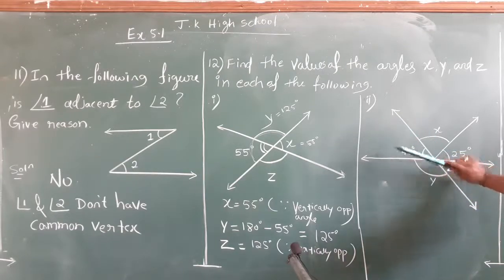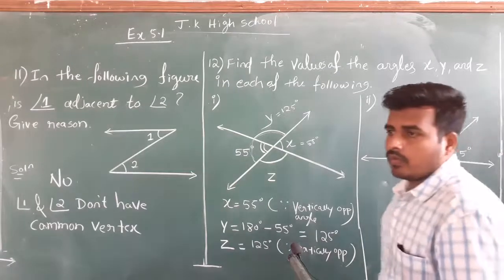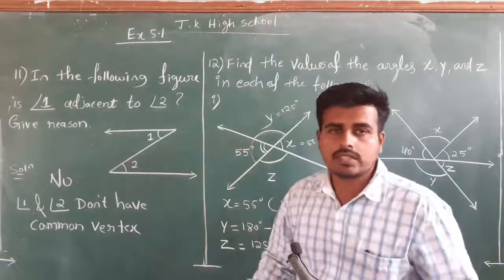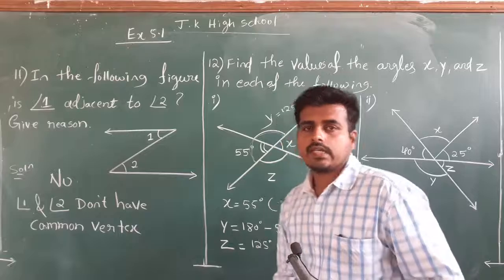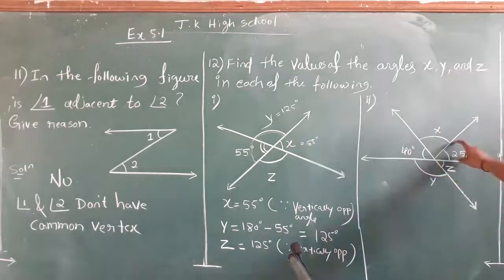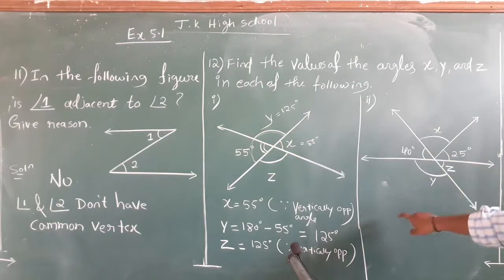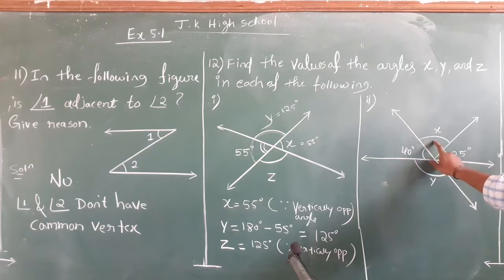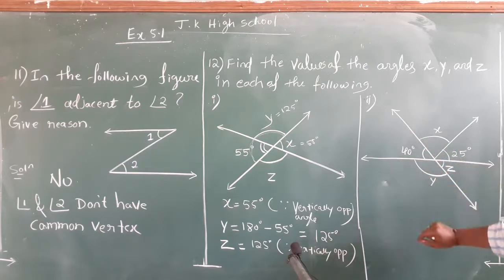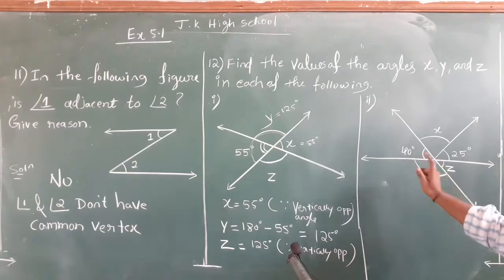Vertically opposite angles are only made when two lines cross each other, but this line is just meeting here, it is not crossing. Therefore, this x plus 25 is equal to y, and 40 is equal to z, because vertically opposite.